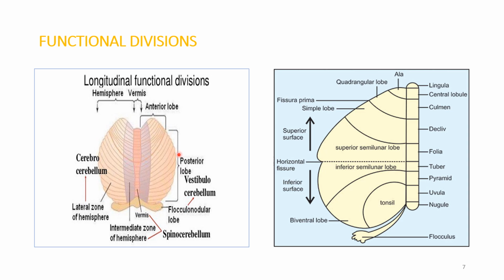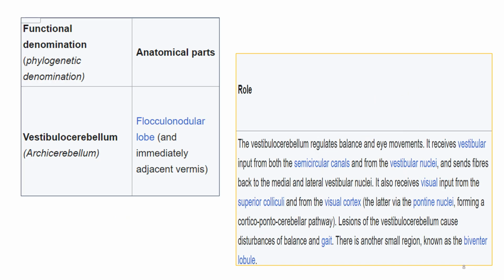So functionally it is divided into vestibulocerebellum, spinocerebellum, and cerebrocerebellum. The cerebrocerebellum is composed of the neocerebellum, that is the posterior lobe. You can again see the functional division written here.